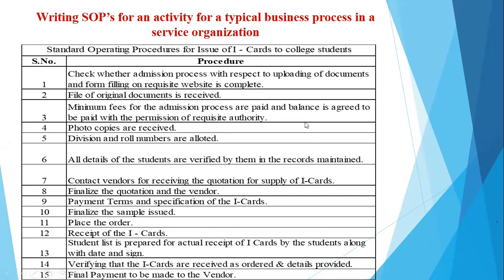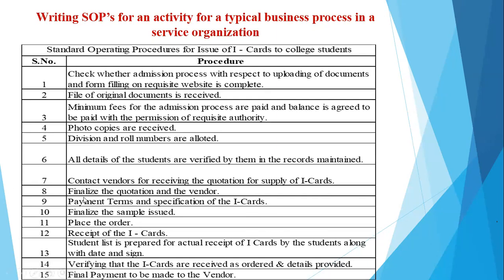Okay, and the balance is agreed to be paid in given installments, or in case you make a late payment in comparison to the dates that have been sanctioned to you, then you take the permission of the requisite authority, the dean or the director of the college, and that permission letter, sanctioned by the authority, is attached for you if you have not paid the requisite amount of fees, right?